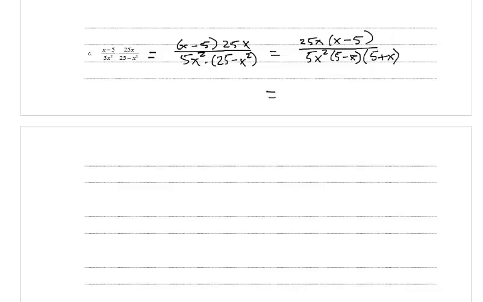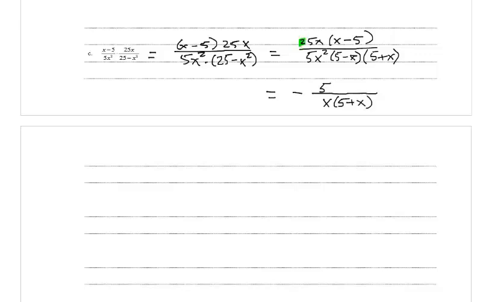If you remember, x minus 5 and 5 minus x are additive inverses, so that equals negative 1. These two terms give us a negative sign. Then 25 divided by 5 is 5, so we have a 5 in the numerator. And x divided by x squared gives us x to the negative 1 in the numerator, so we have x in the denominator. And 5 plus x also remains in the denominator.